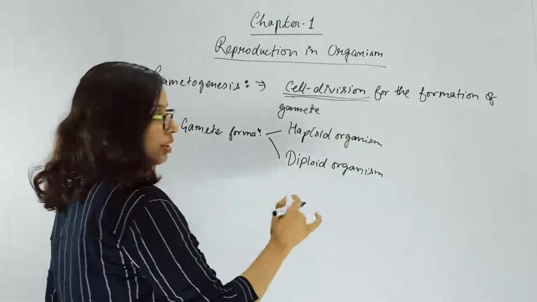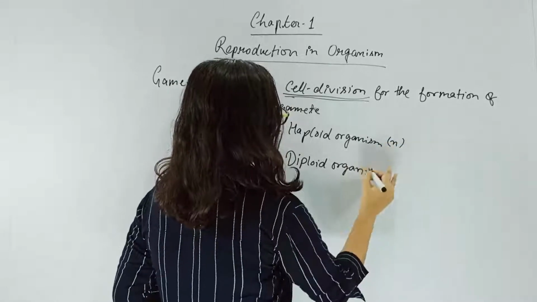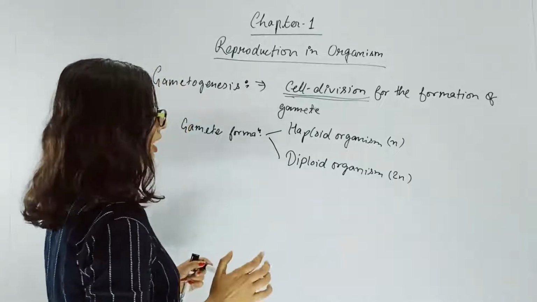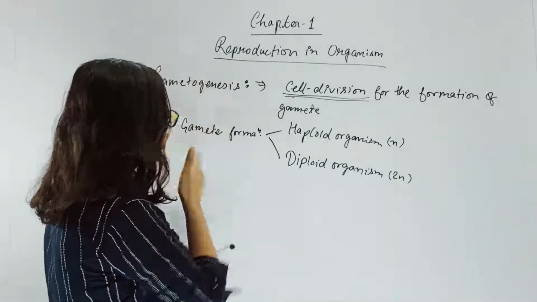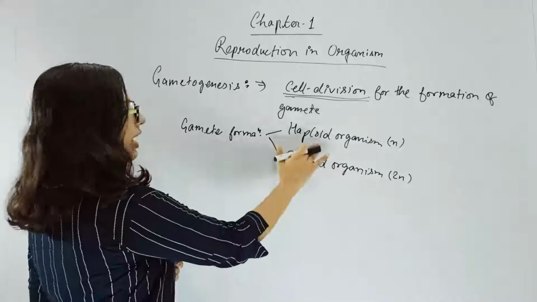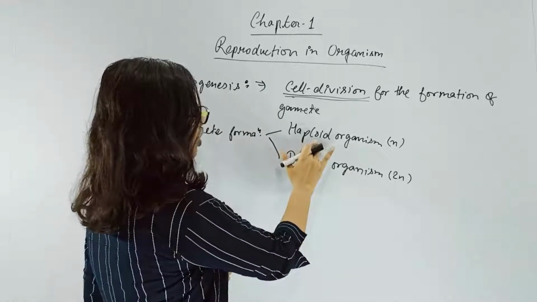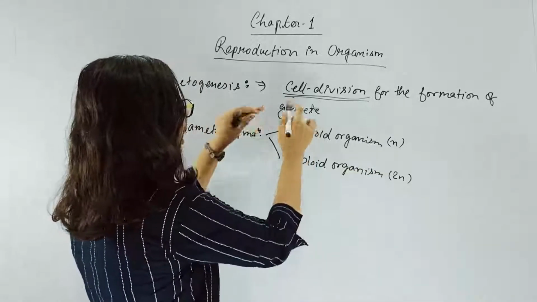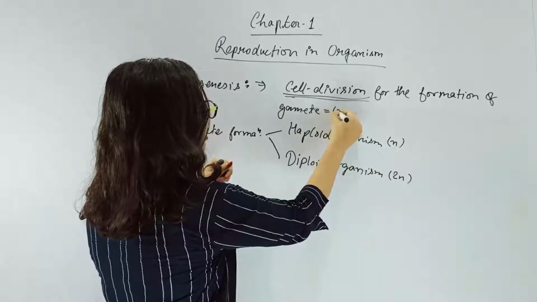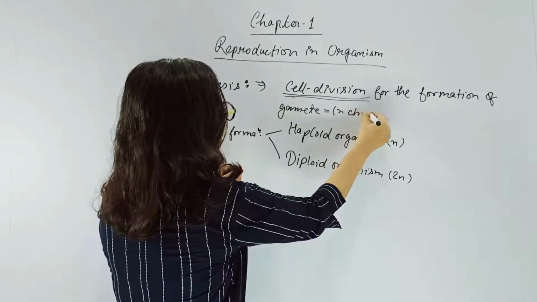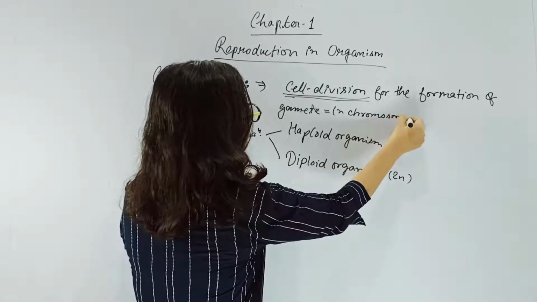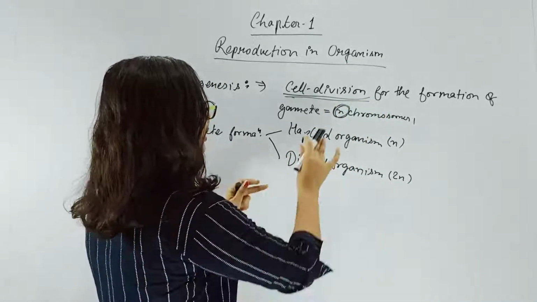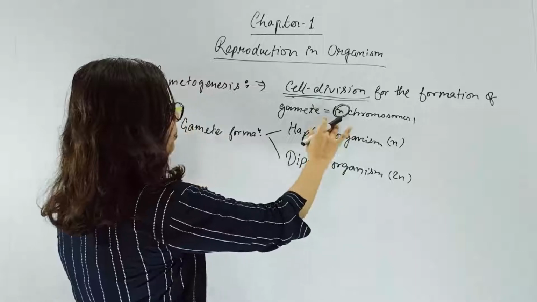Haploid organism is represented as N, diploid organism is represented as 2N, 2 copies of N. N is not known, you just have to suppose that there are N chromosomes.